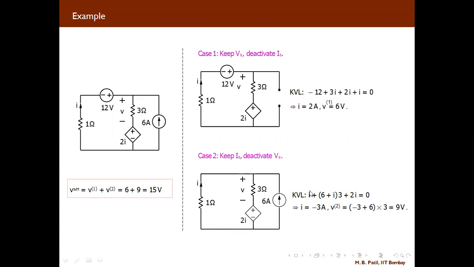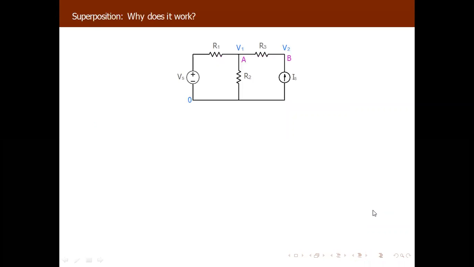That resistance is 3 ohm. So you will get 3 into 3, that will be 9 volt.